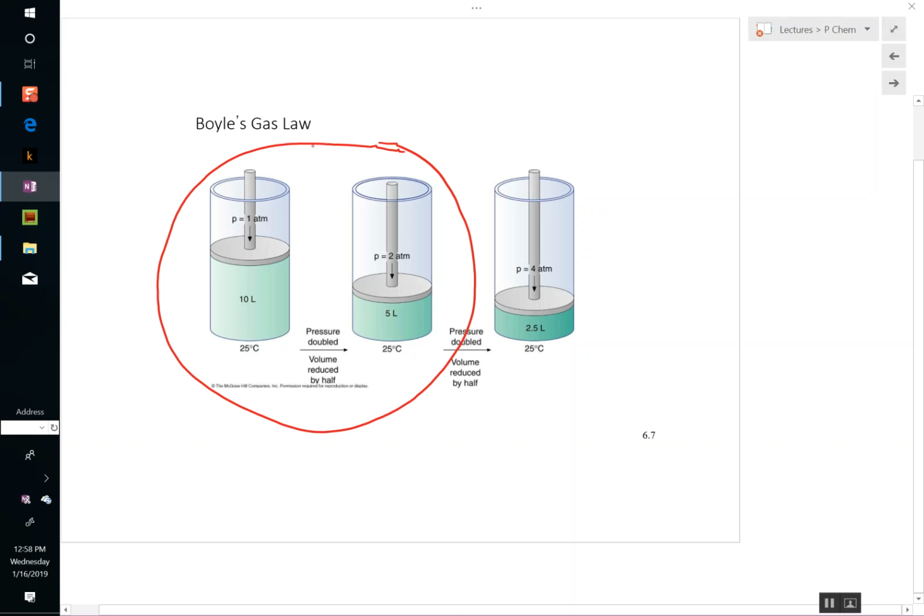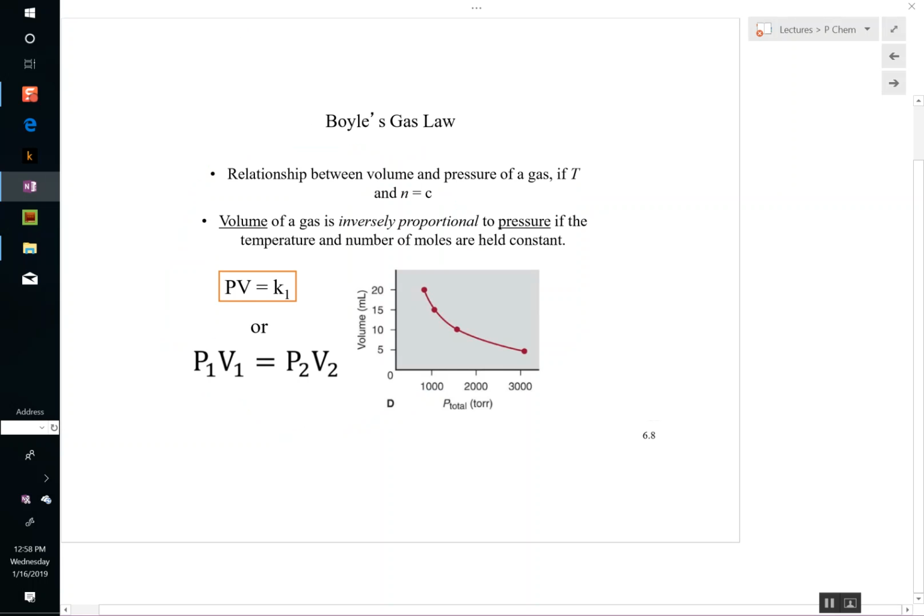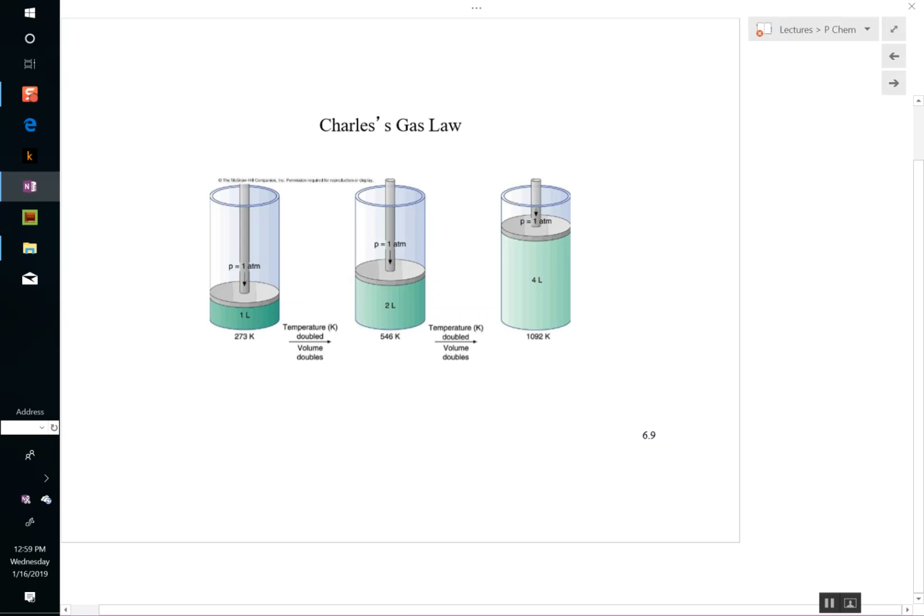Changing 1 atmosphere to 2 atmospheres, keeping the temperature constant and the amount of gas constant, you halve the volume. And that gave rise to Boyle's law: PV, pressure times volume, equals a constant. Or pressure and volume are inversely proportional to one another.